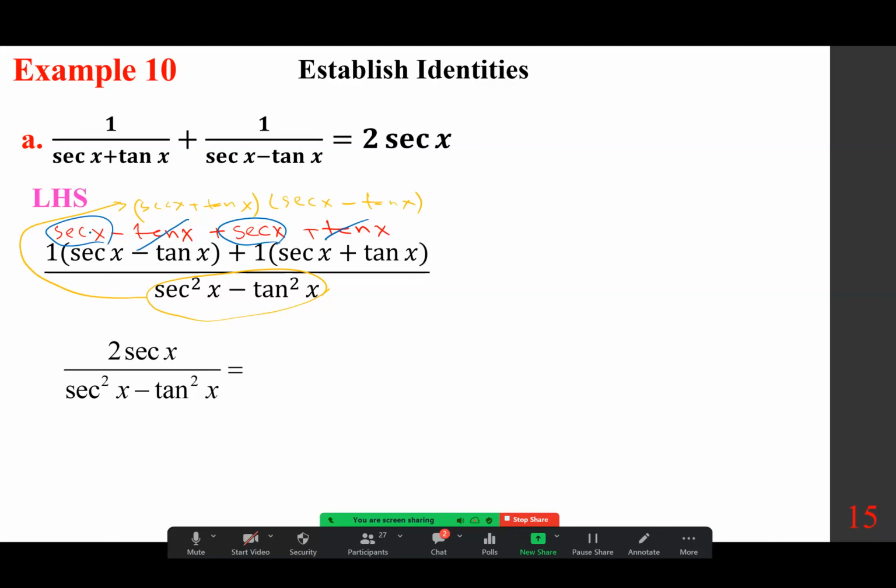Now, one of the identities that we remember, the Pythagorean identity, is tan squared plus 1 is secant squared.